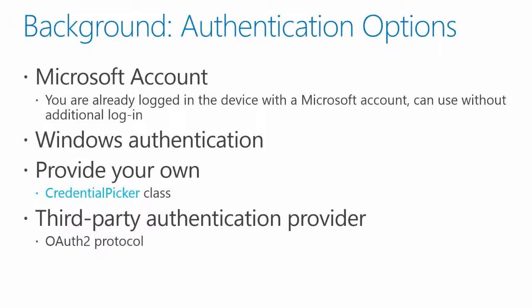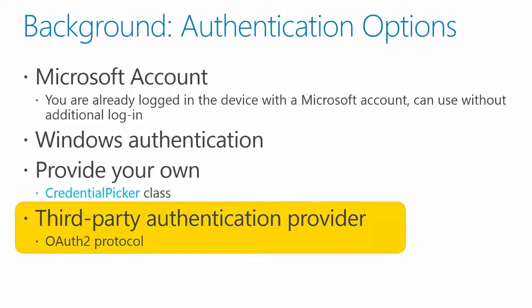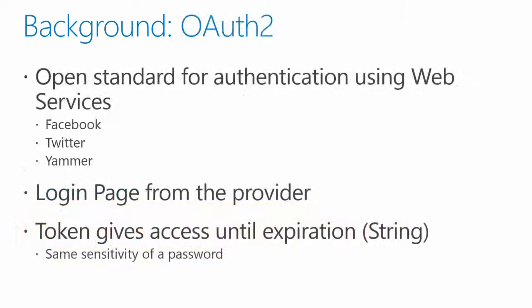This kind of approach is not only more complex, but typically annoys the user, who also has to register with our service. In this video, we will focus on the last point, how to authenticate the user with a third-party authentication provider, or better, how to authenticate the user using the OAuth 2 protocol.